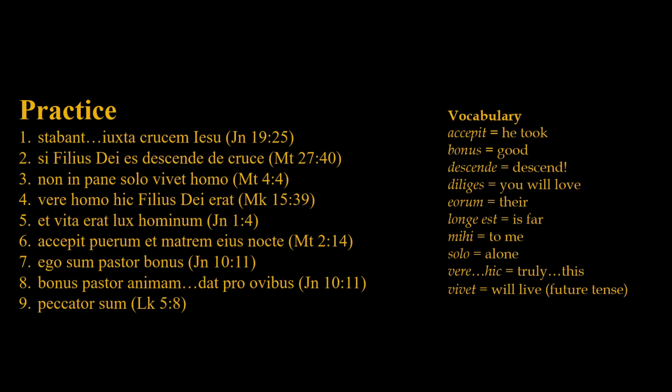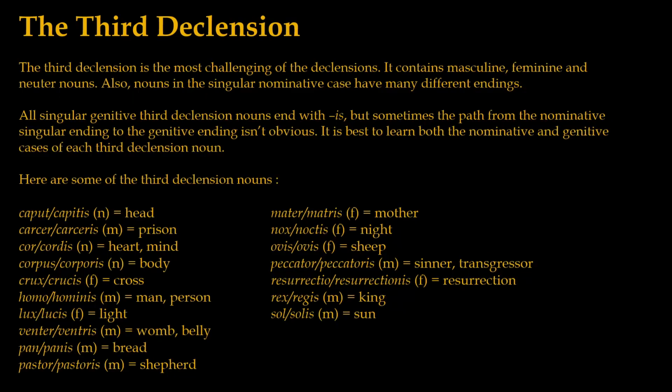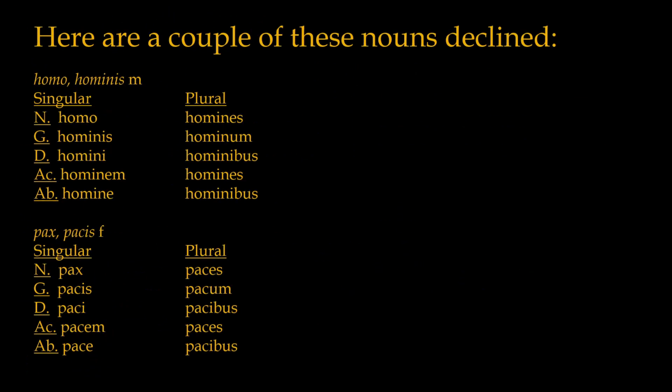So eius, he took the boy and his, that is the boy's mother, nocte. So this nocte now is a little bit complicated. Let's go back and take a look. Second down on the right, nox, noctis, night. Okay? Now, but we have the e ending, so the only possibility is singular ablative.